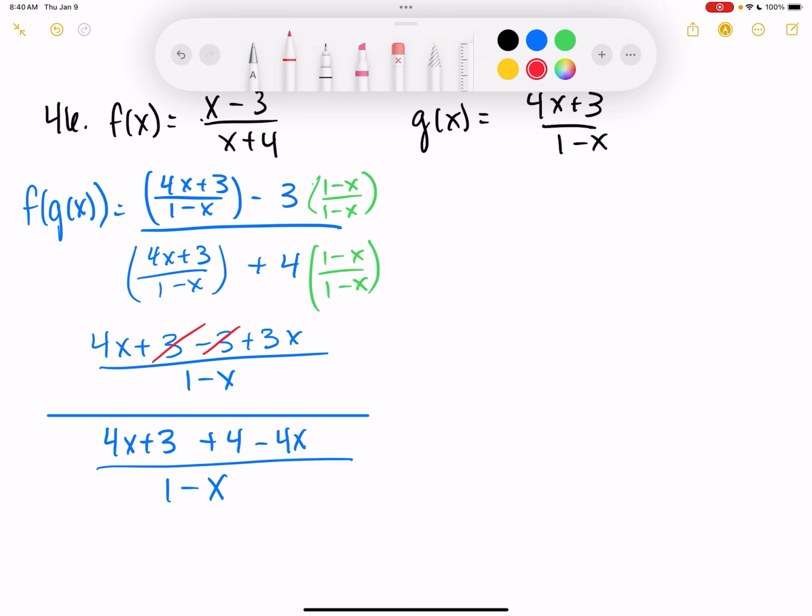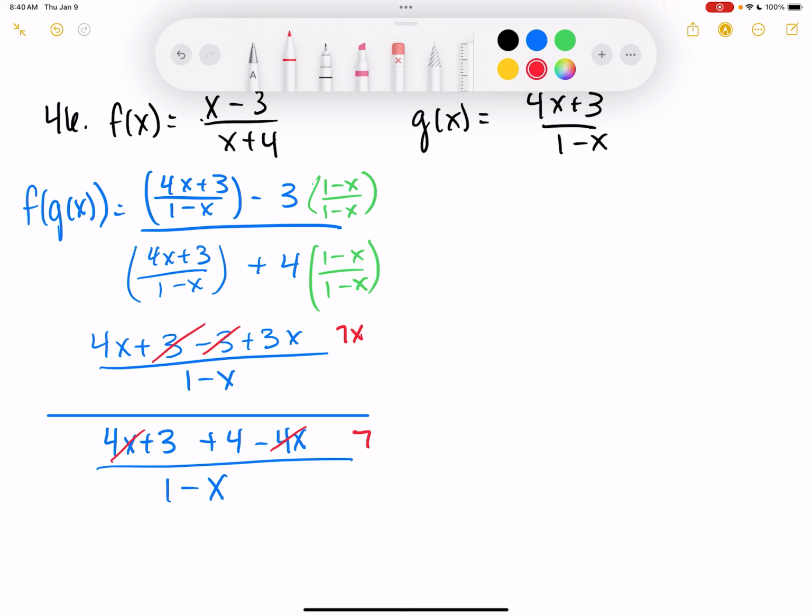Down here on the bottom, the 4x and the negative 4x cancel. If you want to go as far as to say, okay, on top I'm left with 7x, and down here I'm left with 7, you can do that if you want to simplify it just to make your life a little bit easier as far as the rewriting step.